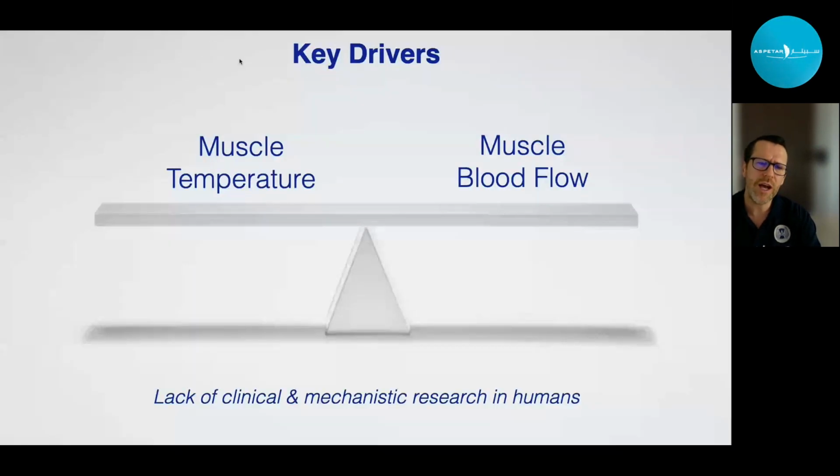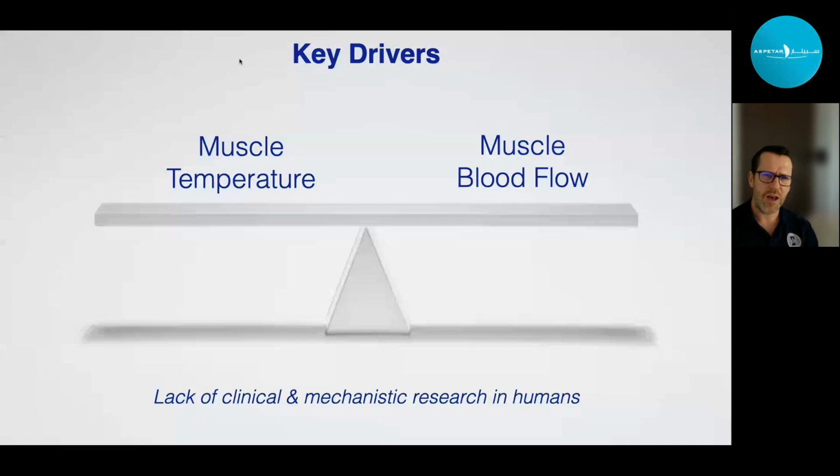But I think what we can say is that it's clear it's a balance between two key drivers. One is tissue temperature, which is the number one priority. It's the key driver. But we also have to factor in blood flow to some extent, because we know that inflammatory aspects such as swelling and edema are an important mechanism involved in inflammatory response.